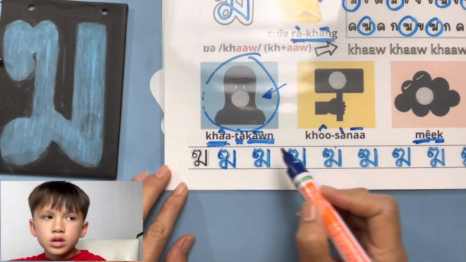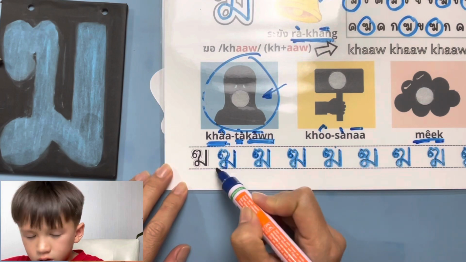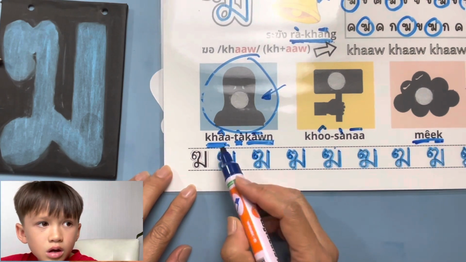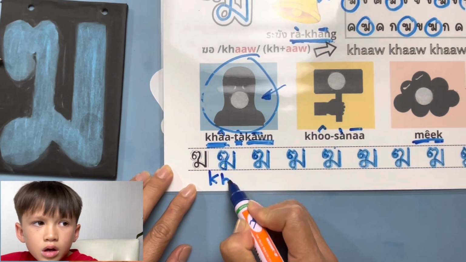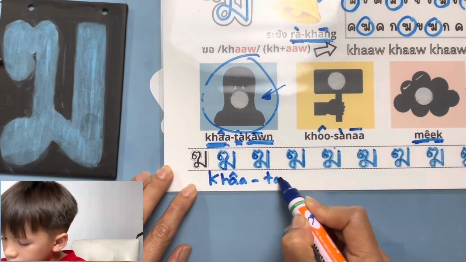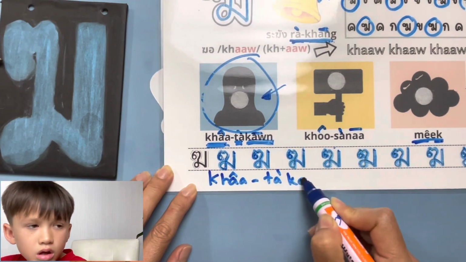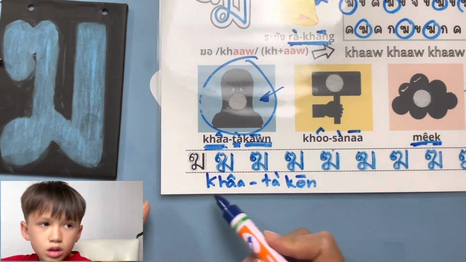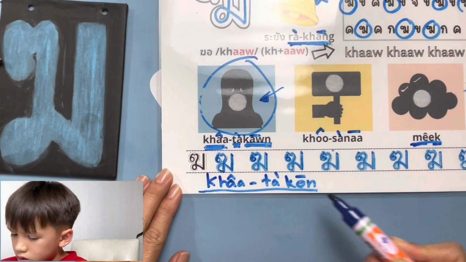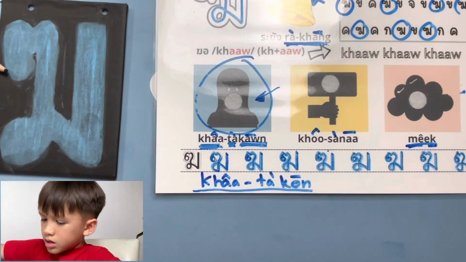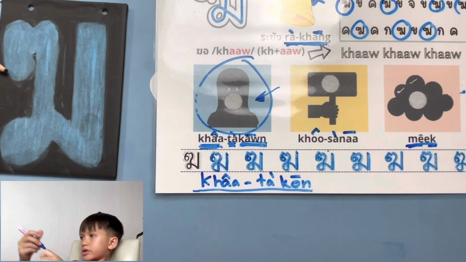This is ฆาตกร. Yeah, like that. Is that easier to remember? This is not an easy word for a beginner.